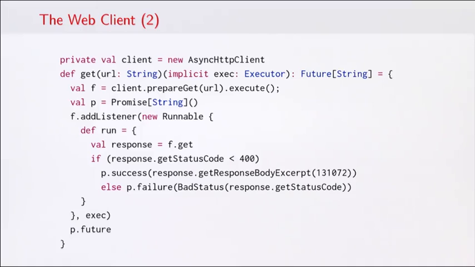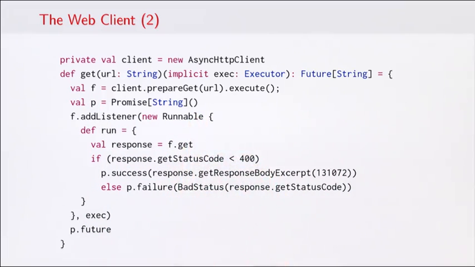Well, we still use the same client, and as the name implies, it is an async HTTP client, so it is capable of performing the operations in a non-blocking fashion. First, we do the same thing, but we stop at the execute. This gives us back a future. We want to adapt this into a Scala future, so we construct a promise, as you have seen 2 weeks ago.